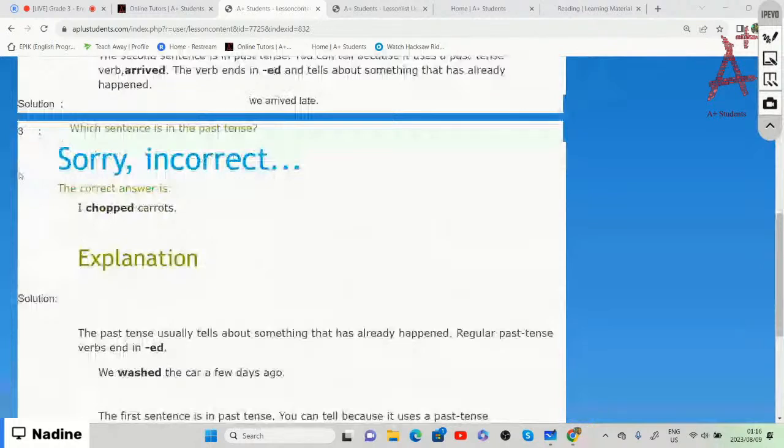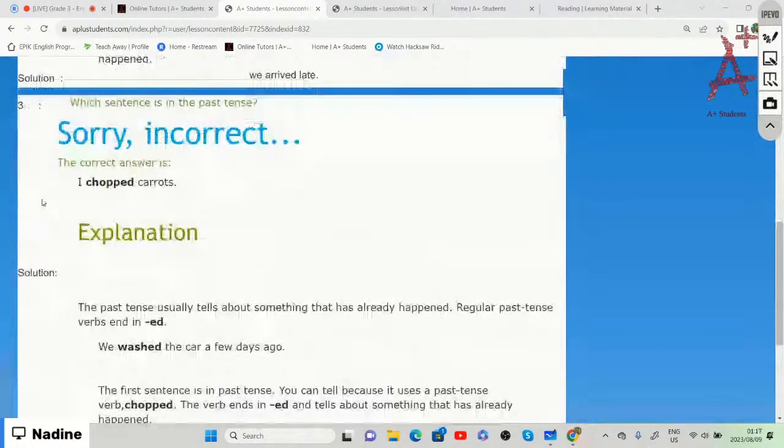I chopped carrots, right? Chopped carrots. And chopped ends in ed, right? And that means that it already shows the regular past tense verb, right? So ed is an indication that it is a regular past tense, right?